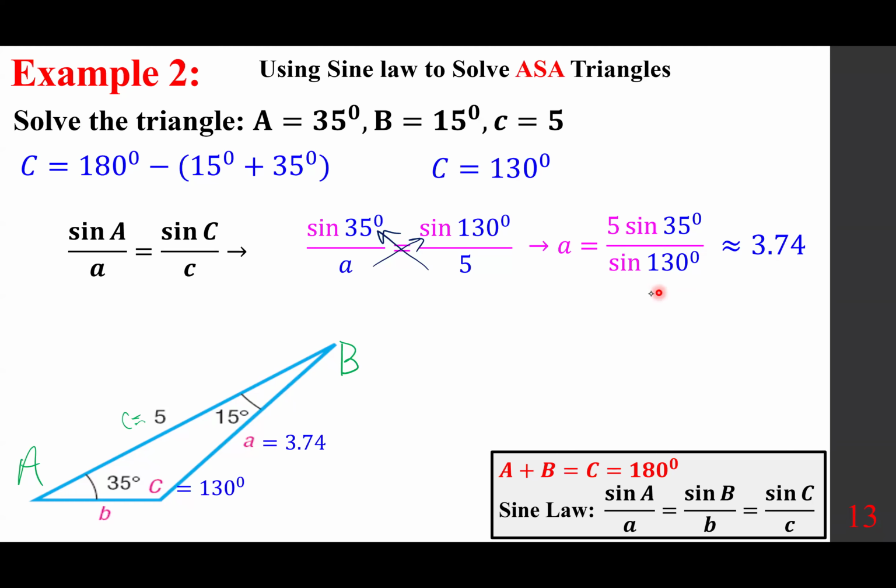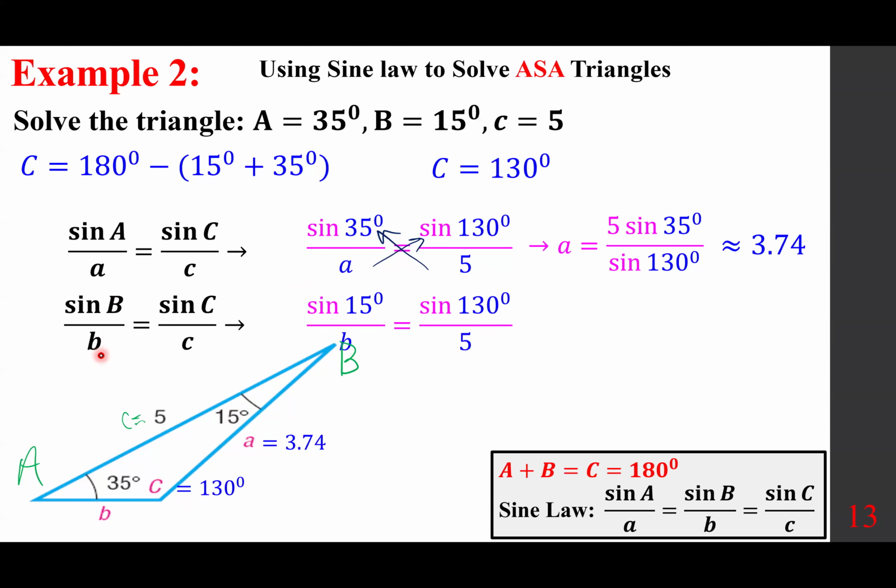And now we are going to use this part, everybody. Sine B over b equals sine C over c. In other words, this right side doesn't change. This left side, sine of B, means sine of 15 degrees. Lowercase b is missing. Cross product.